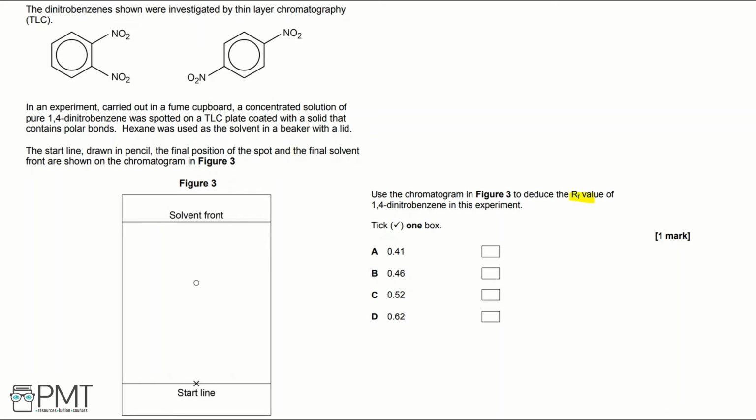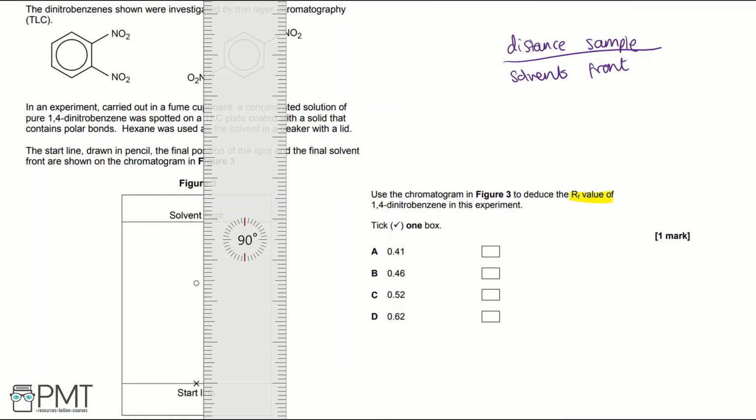So RF value is calculated by the distance that the sample has travelled, and then you divide this, so you do get quite a small number, by the solvent front. So in this question, we need a ruler in order to calculate this accurately. So first we're going to work out the distance that the sample has travelled. So using a ruler, it's approximately 0.24 centimetres.